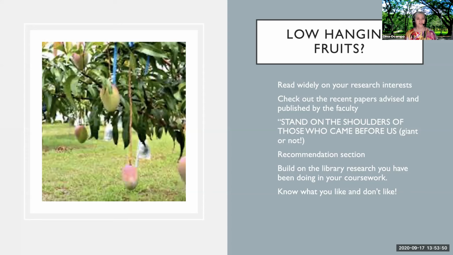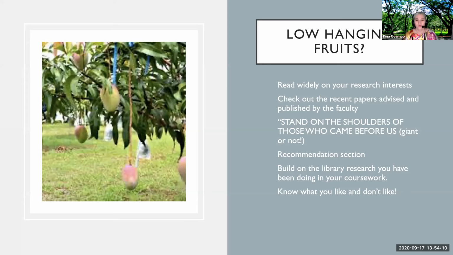The adage that says we stand on the shoulders of those who came before us is very true when you are thinking of a research topic that is closer to you. Whether they are giants or not, what they work on is an important step towards finding a research topic.